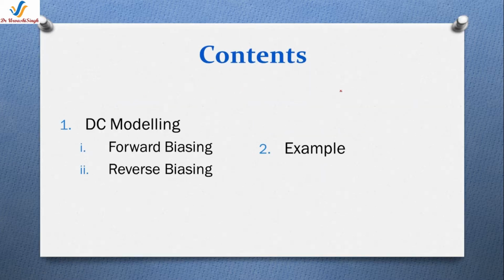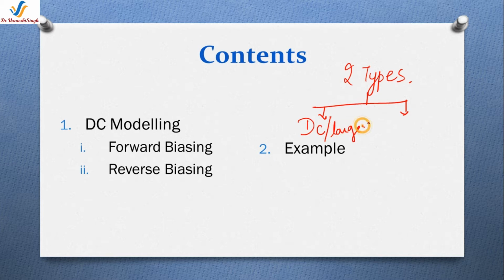Students, now there can be two types of models depending upon the type of the voltage source applied in the circuit. So it can be the DC model, or we can say a large signal model, and the other one is the AC model or the small signal model.